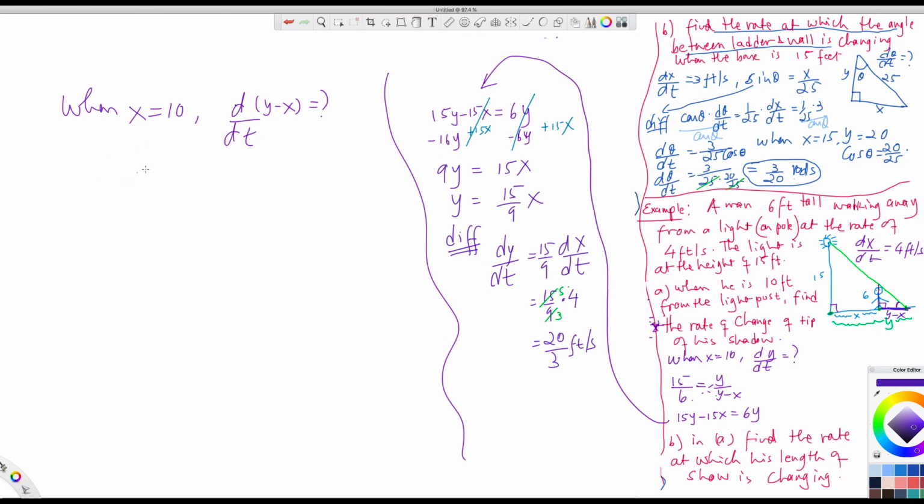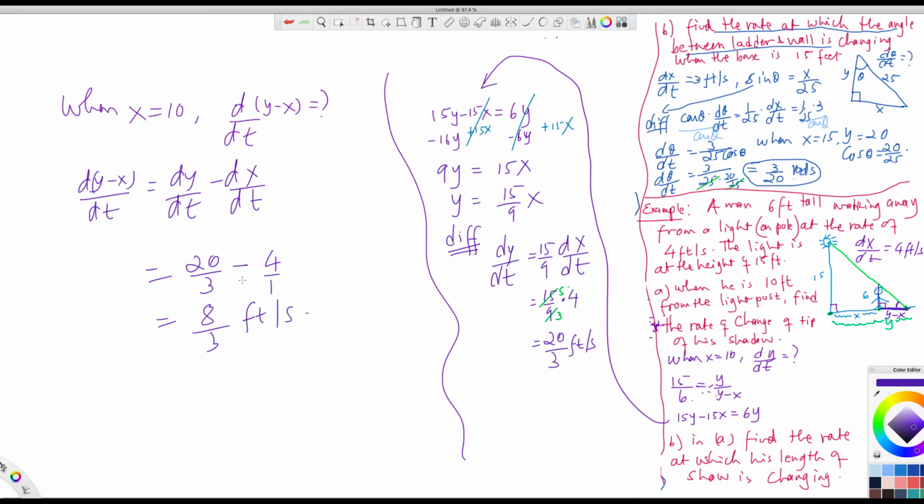This is d of y minus x over dt, which equals dy over dt minus dx over dt, right? Now we just plug in. dy over dt is 20 over 3, minus dx over dt, which is 4. That is given, right? So you just simplify that. You get 20 over 3 minus 12 over 3, so this is basically 8 over 3 feet per second. This is the final answer.